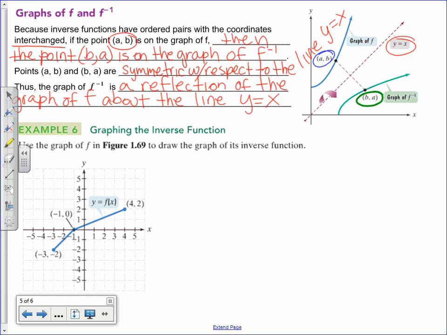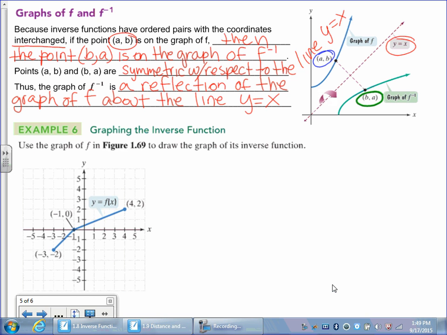Remember the steps to find the inverse of a function algebraically? I believe the second step is we interchange x and y, right? And so what I want you to do now is to use that image to graph the inverse of that function. If you have a different color pencil, pen, marker, or highlighter, you may use it. If you want to borrow one, let me know.